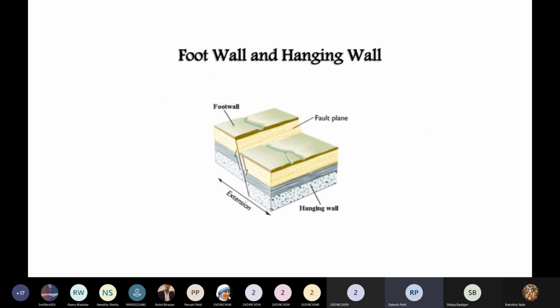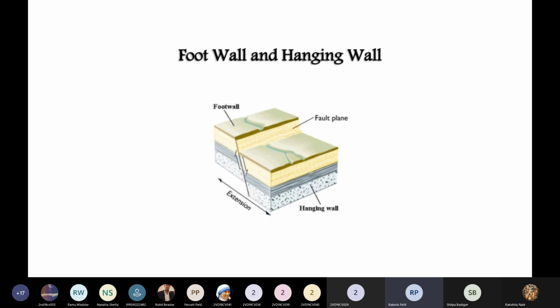Here you can see. Can you see this slide? On the left side there is the footwall, and on the right side there is the hanging wall.